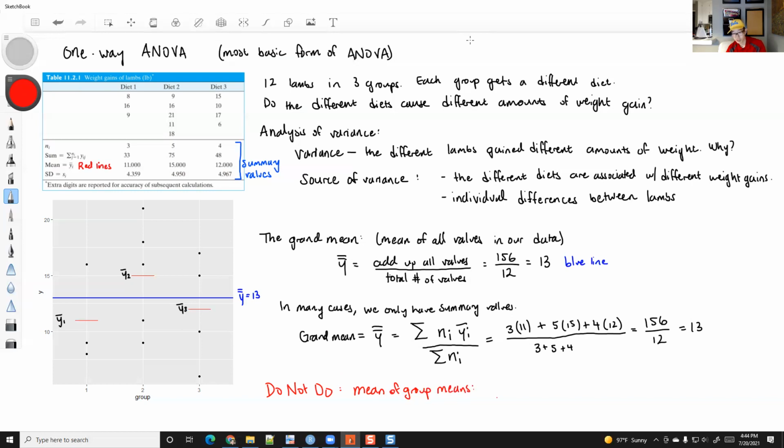You do not want to do the group mean of 11 plus 15 plus 12 and divide by 3. Okay, this is wrong, right? If you do 11 plus 15 plus 12, you're just taking the mean of your group means. That will give you the wrong answer. You need to multiply them by the group size to account for how many observations there are.